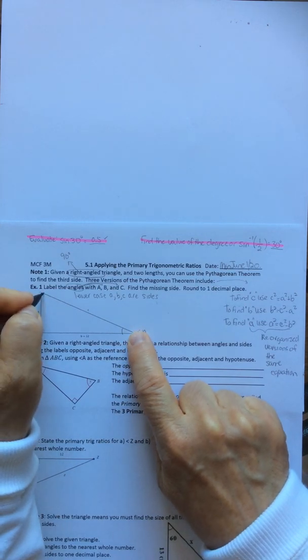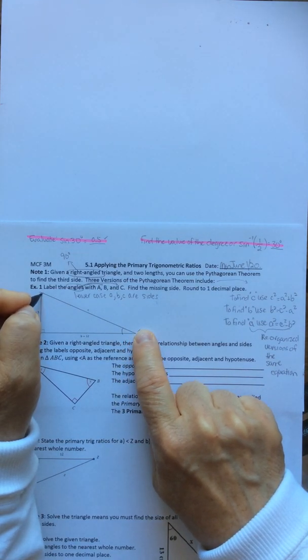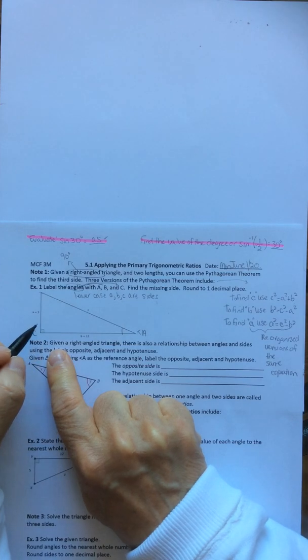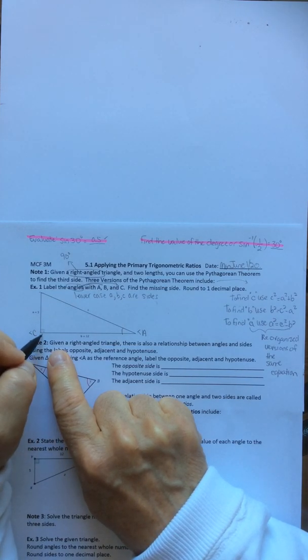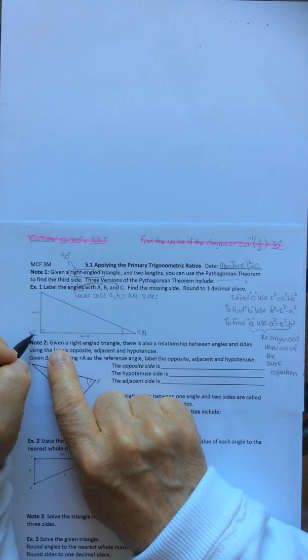Okay, across length C, it's from here to here, between my pencil and my finger. Across from C is angle C. And we typically, if we're paying attention, we would make 90 degrees the angle C, okay? And it's the 90 degree symbol.